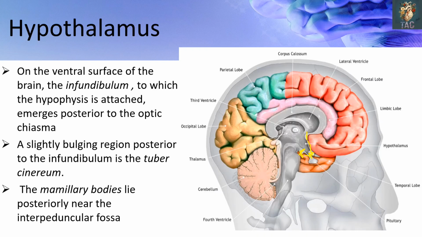So these are the relationships: the anterior commissure, the lamina terminalis, the optic chiasma, the infundibular stalk, tuber cinereum, and posteriorly the mammillary bodies.